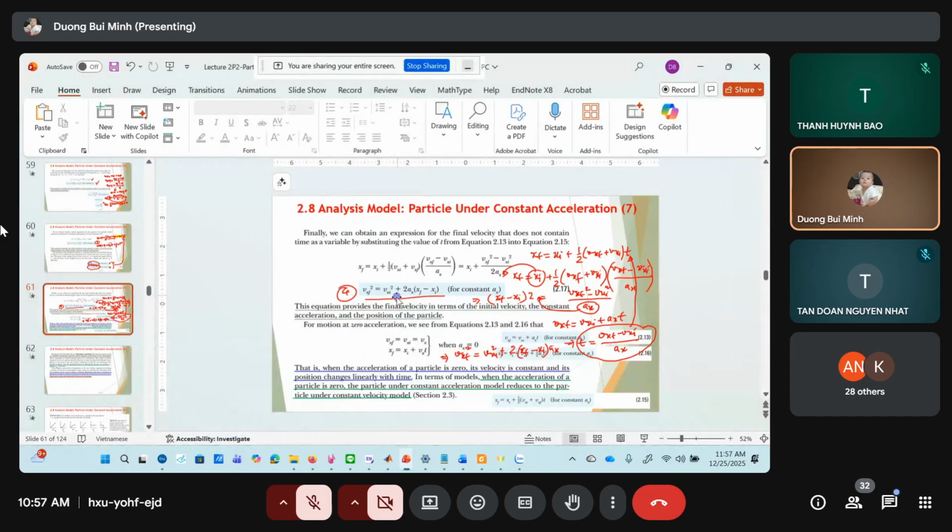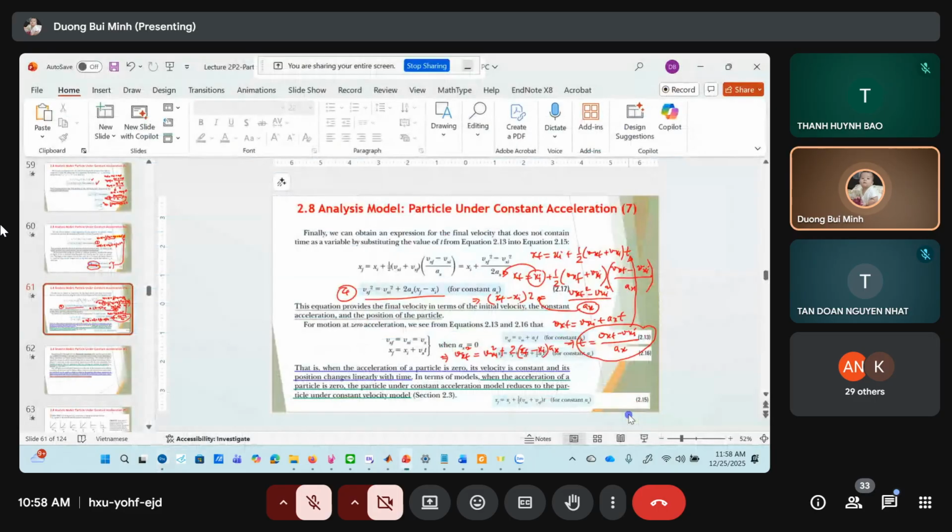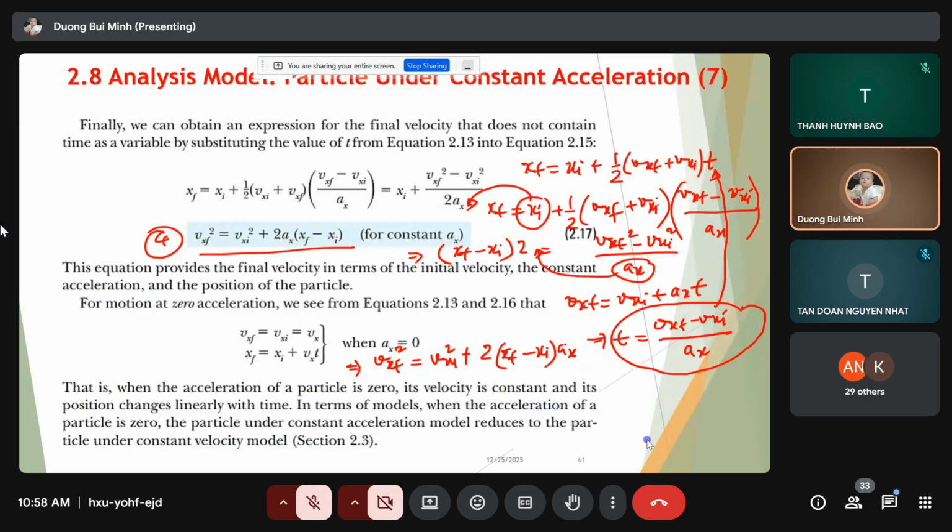Okay, correct. Sorry, sometimes I don't remember all the formulas, so I need to demonstrate how you can get the formulas.